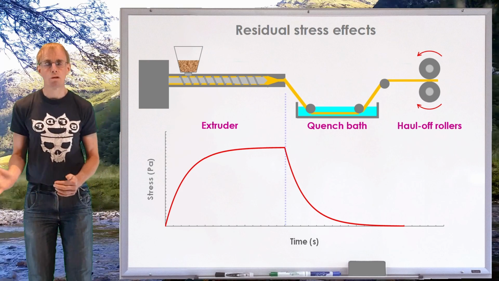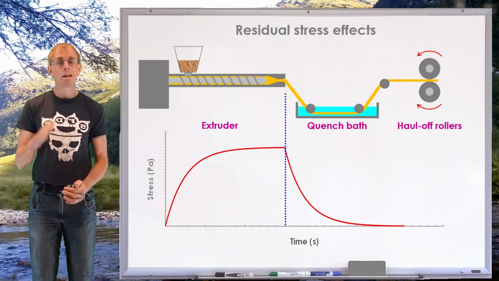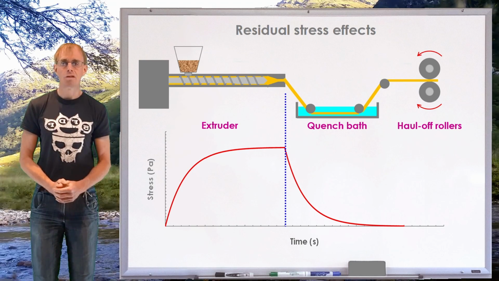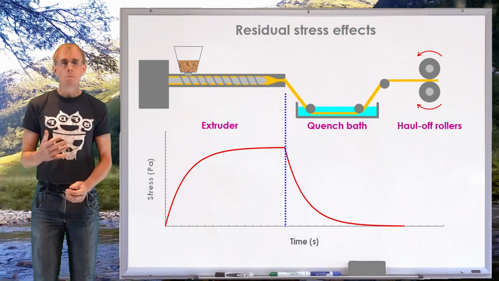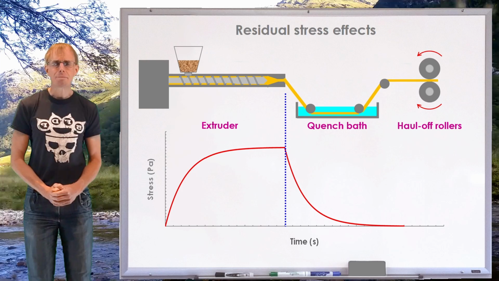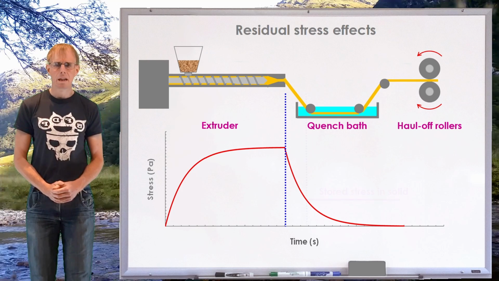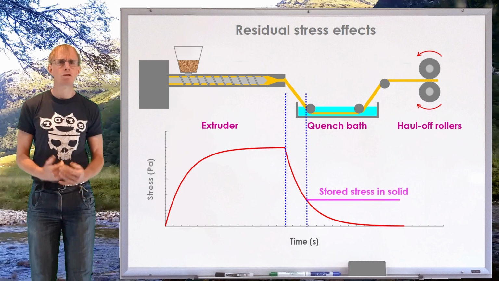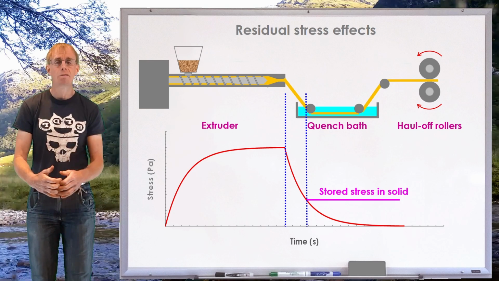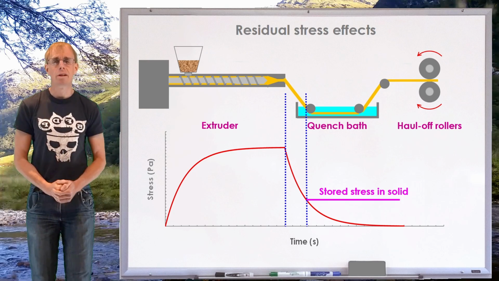You've got your stress build up through the extrusion line and the die, and then your stress relaxation subsequently once the extrudate has emerged. But typically what we do is we quench a product and then deal with the product in its solid state. If we quench a product too quickly, what we end up doing is storing stress in the solid phase because we just haven't allowed that polymer to relax enough before we solidify it.